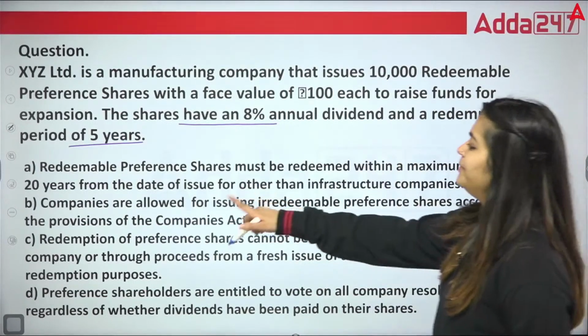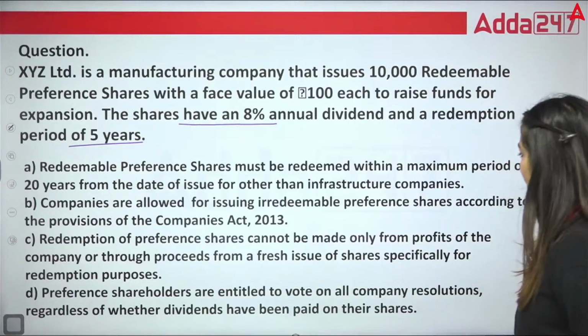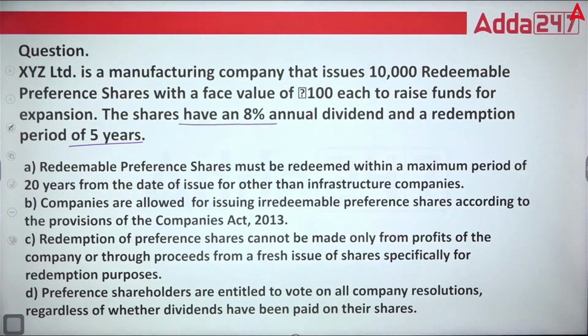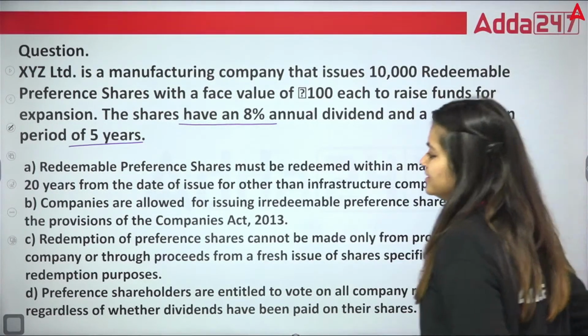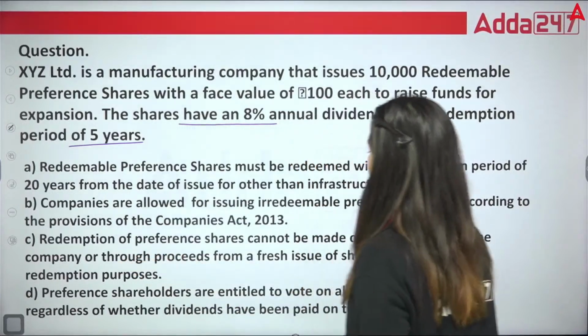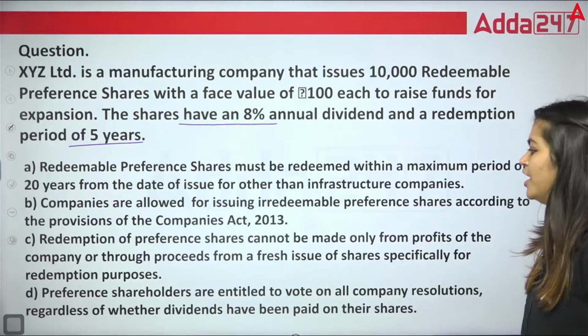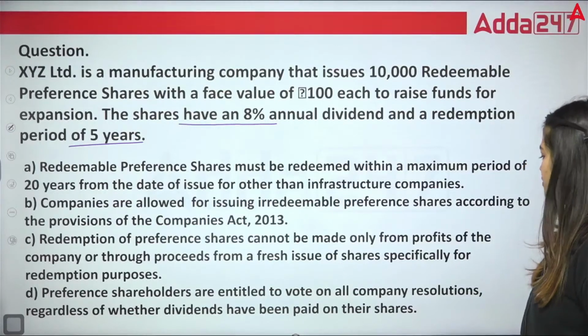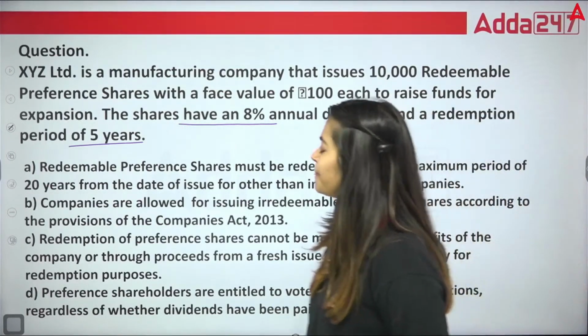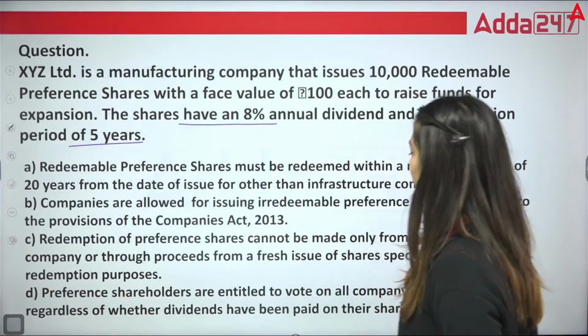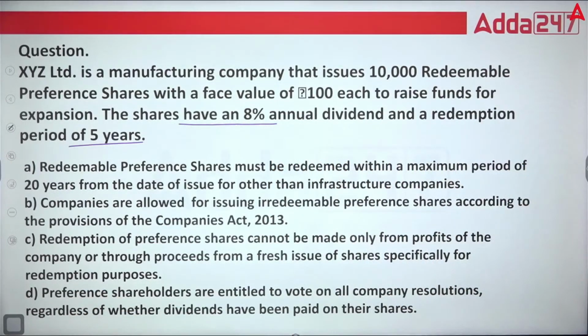B, companies are allowed for issuing irredeemable preference shares according to the Companies Act 2013. C, redemption of preference shares cannot be made only from profits of the company or through proceeds from a fresh issue of shares specifically for redemption purpose. D, preference shareholders are entitled to vote on all companies' resolutions regardless of whether dividends have been paid on their shares or not.